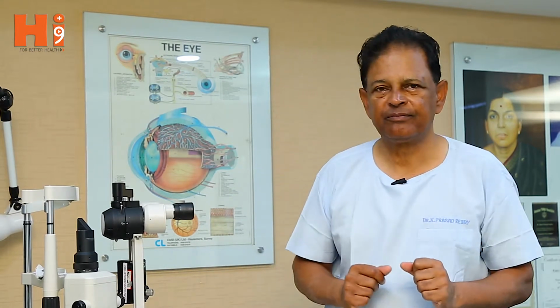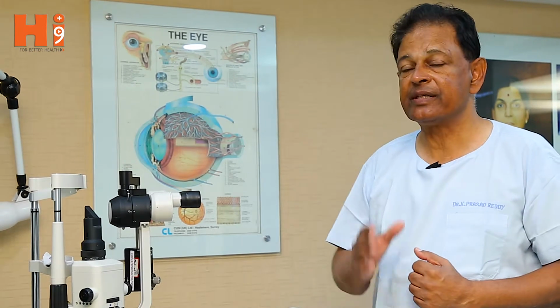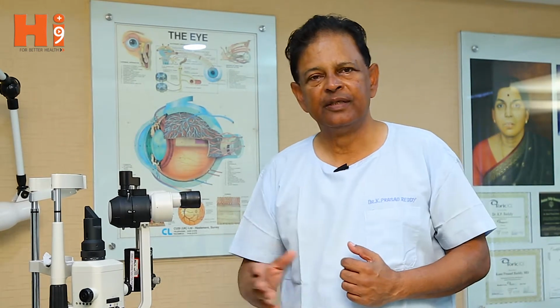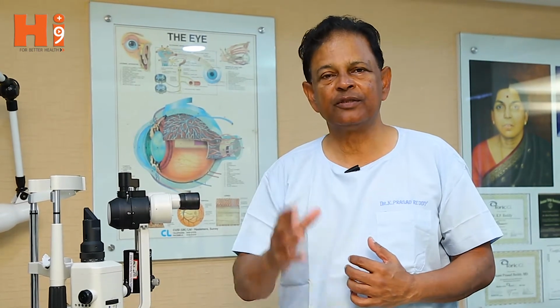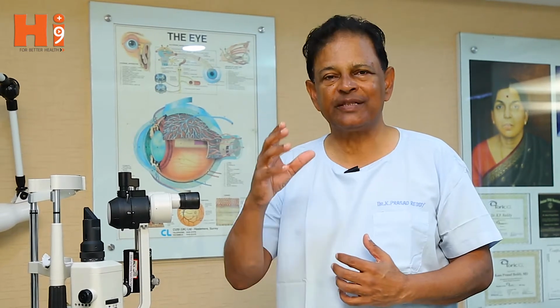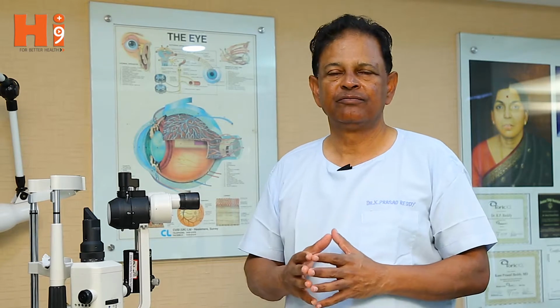So the best way is to get your eyes examined if you are a diabetic every 6 months until you develop retinopathy. After you develop retinopathy, you should get your eyes checked every 4 months, so that your retinologist, the eye doctor who is an expert in retina, will further treat you. Prevention is in your hands, which is regular eye examination.